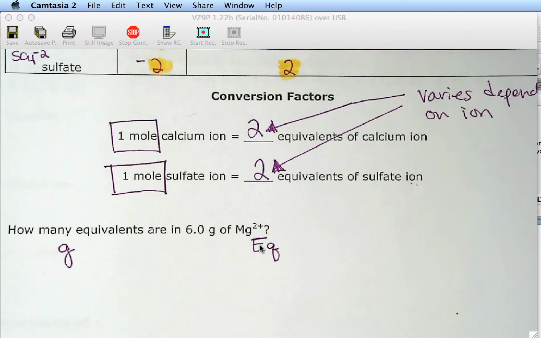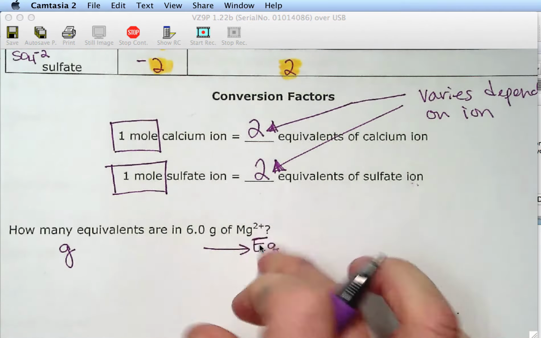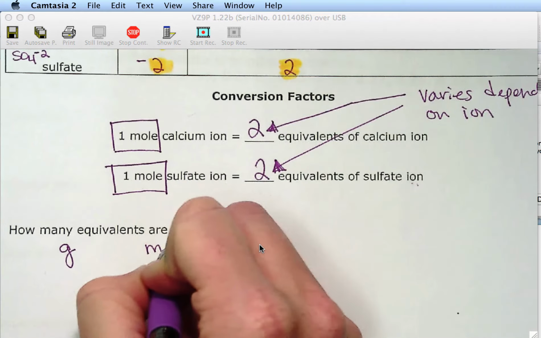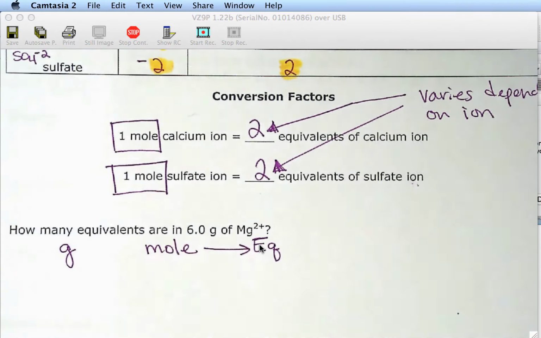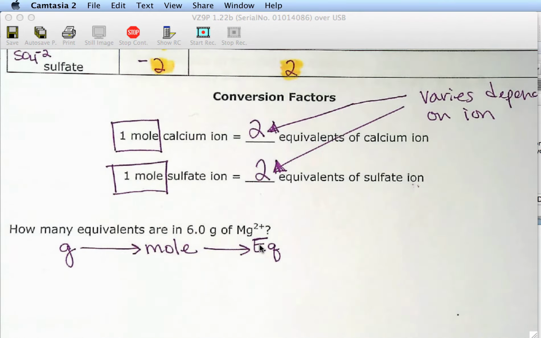No. What conversion factor do we know that involves moles? So we know how to go from equivalents to moles. Do we know how to go from grams to moles? Yes. It might require some work to remember that, but yes, we can definitely go from grams to moles and then moles to equivalents.